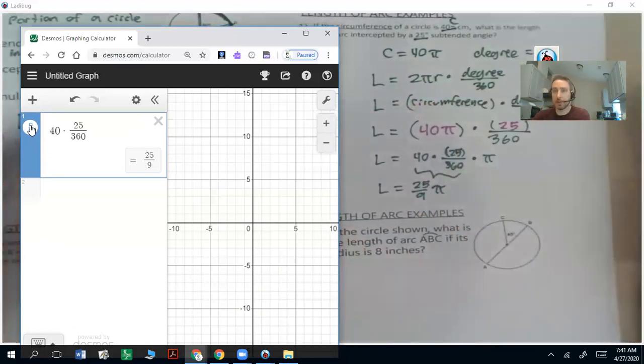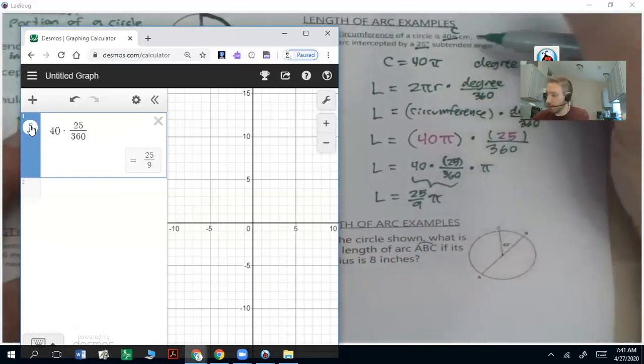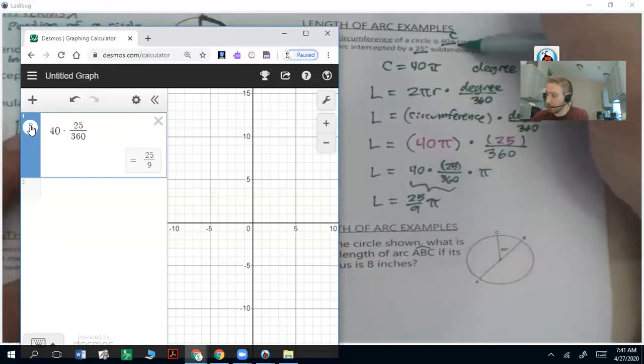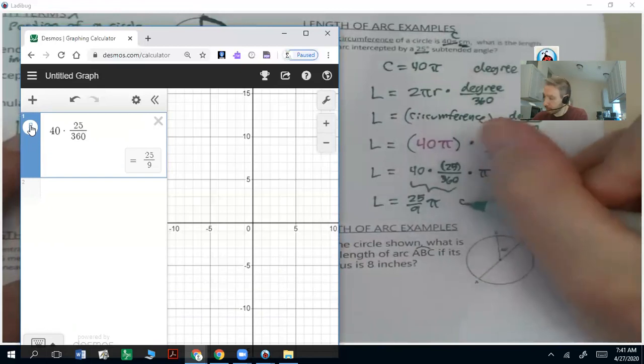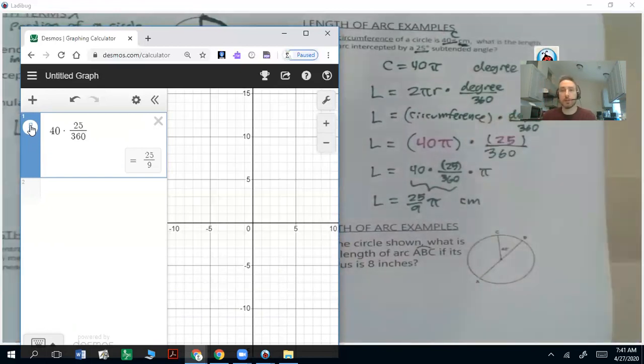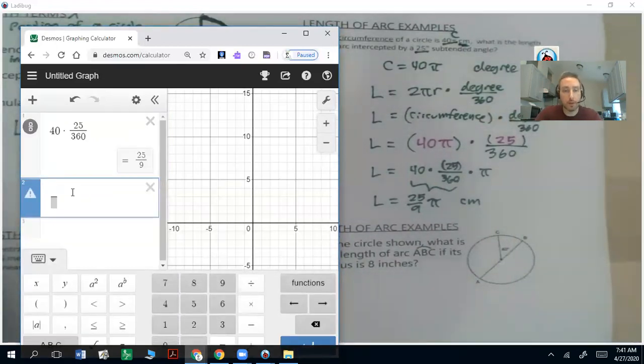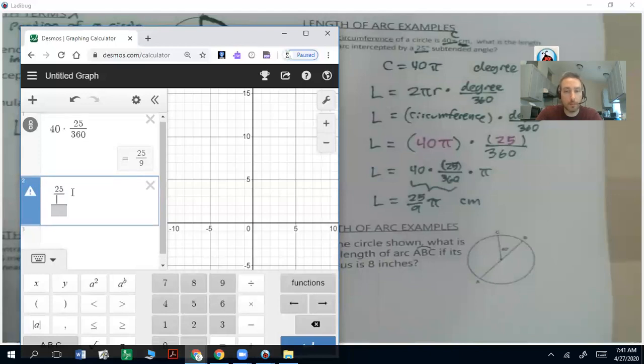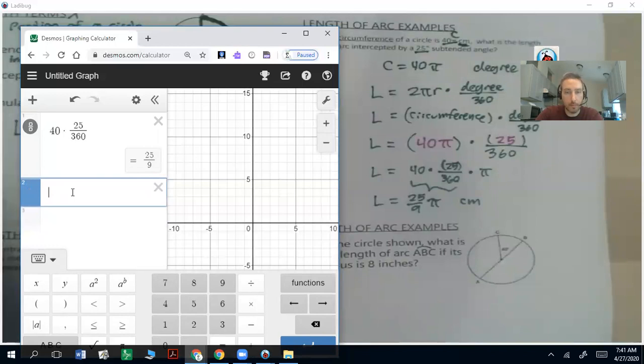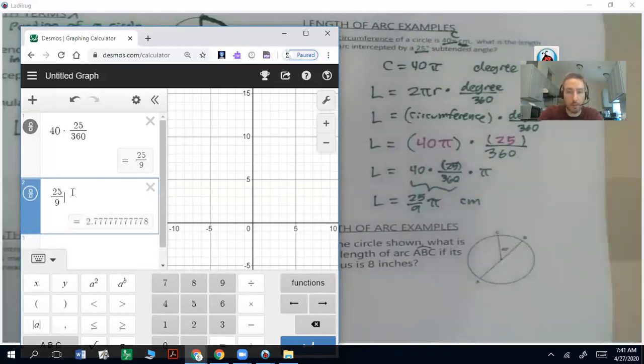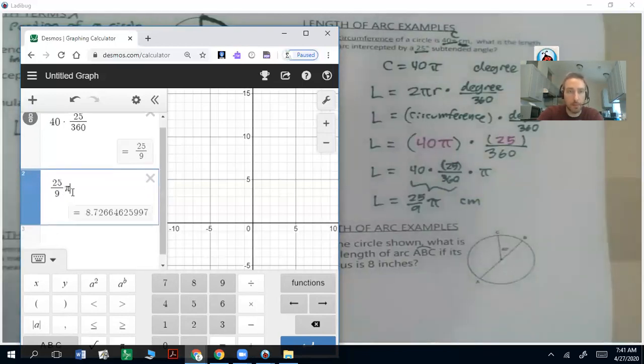Now, length is like circumference, so it's not going to be in square meter units, it's going to be in units. So we're going to say in centimeters. And that would be your answer as an exact answer in terms of pi. If you want that as a decimal, do 25 over 9, and then multiplied by pi.